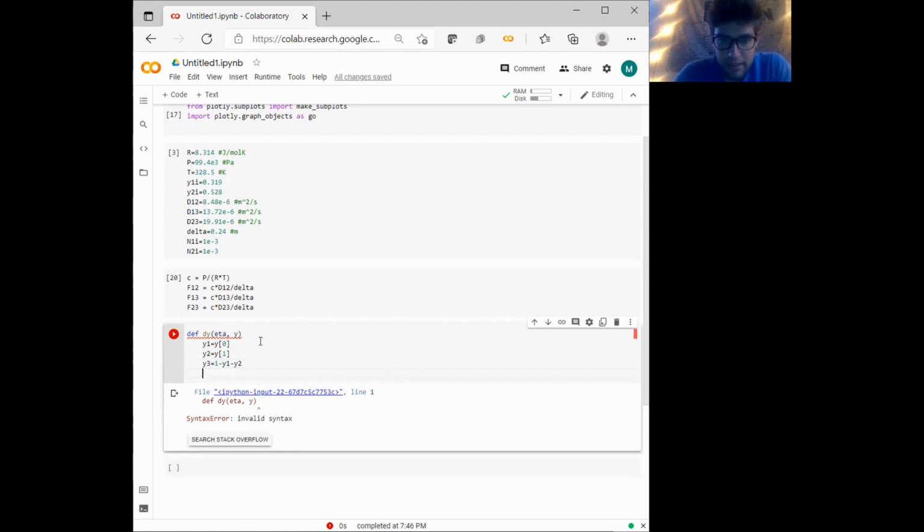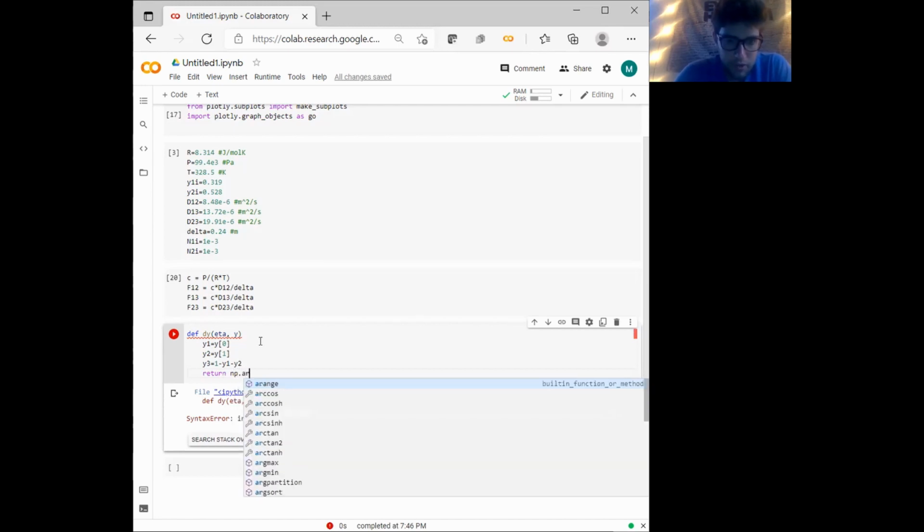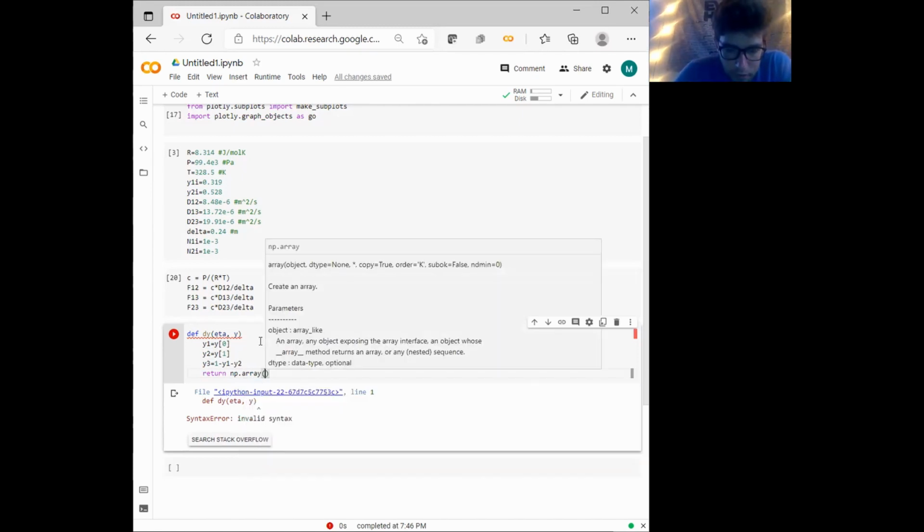This we can now put in our equation. We want this to return an array, which we do with np, because that's numpy, a numpy array of all of our equations here.